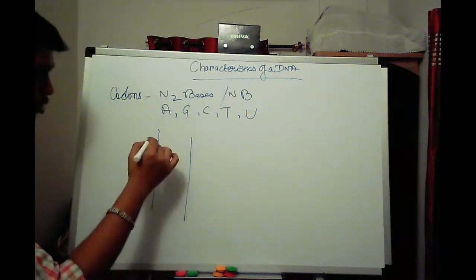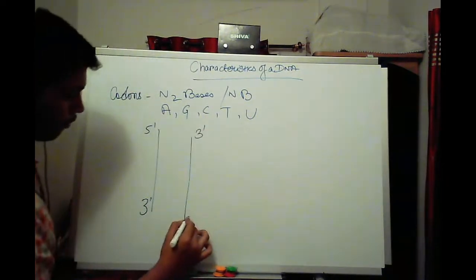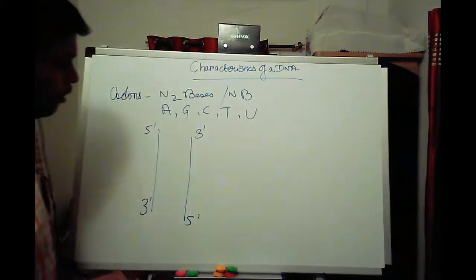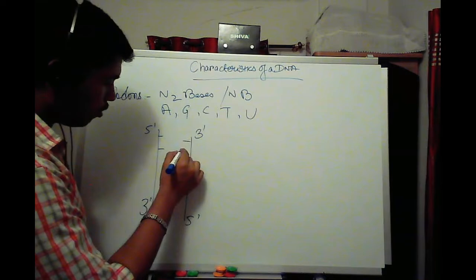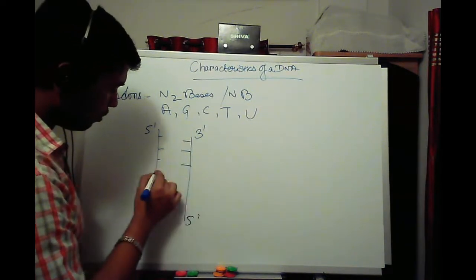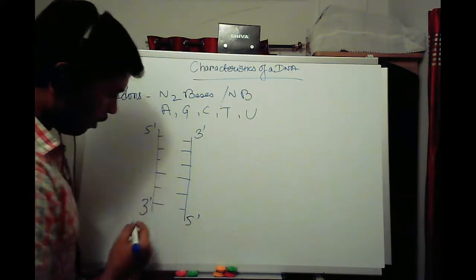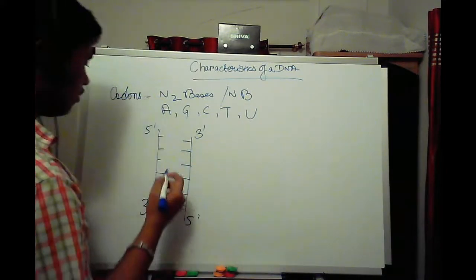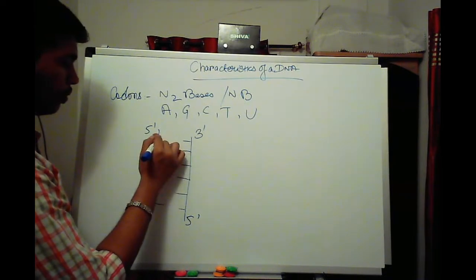These are my DNA strands: 5 prime, 3 prime, 3 prime, 5 prime. These are the codons. Nitrogenous bases sticking inside the DNA. Of course, these are straight strands, not the curved ones suggested by Mr. Watson and Mr. Crick.